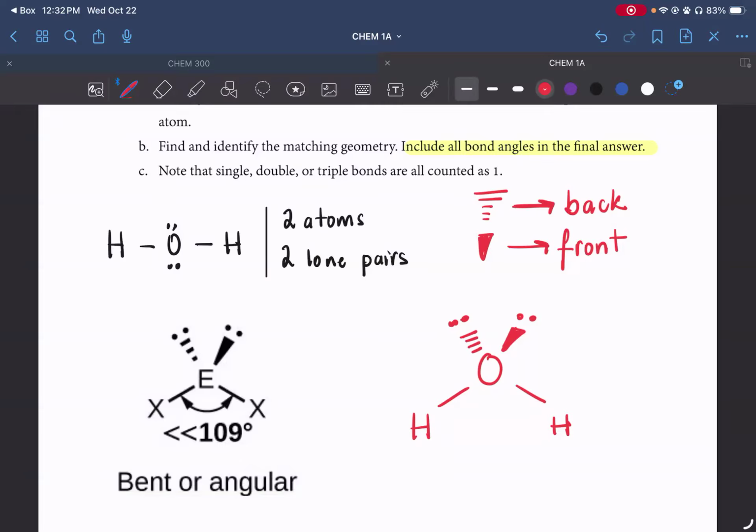The lone pairs, one is in front of me, one of them is behind me. Of course, if you're looking at me head on, you wouldn't see the one in the back, but you know it's there. And that's the significance of the wedge and the dash. They represent that you're no longer in line with the paper, with the plane, but you're either pointing out or pointing back.